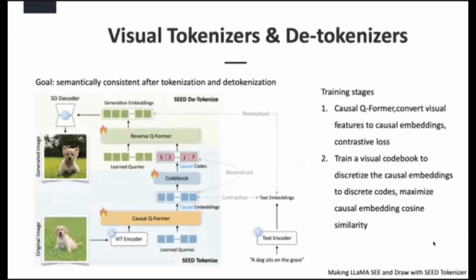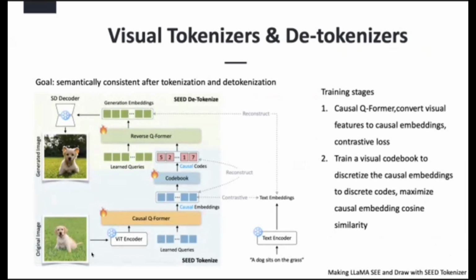And this is the detail of visual tokenizers and detokenizers. To encode the image into the pre-trained large language models, we first need to train image tokenizers and detokenizers. This is done in multiple training stages.